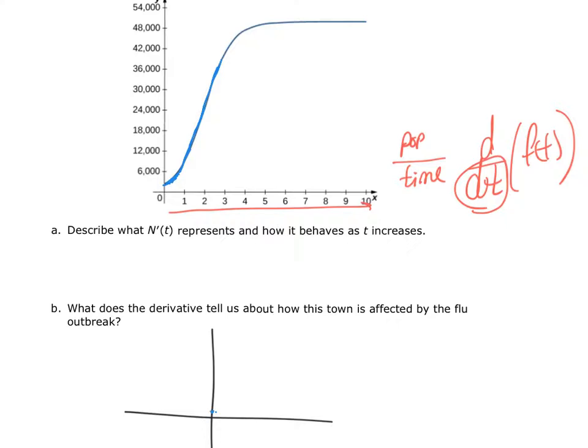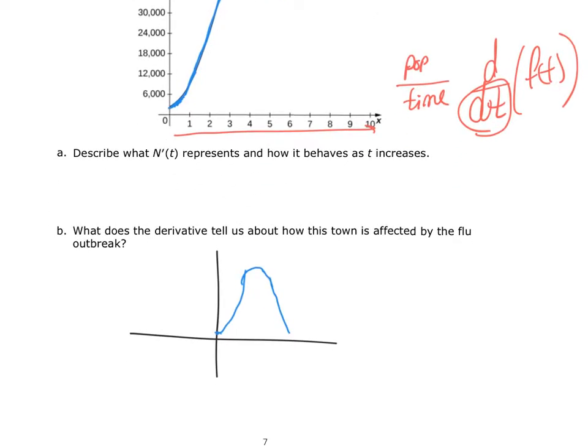It increases really super tall. And then what happens here? It starts to slow down, so I need to come back and slow down. And then what happens here? So then it plateaus.